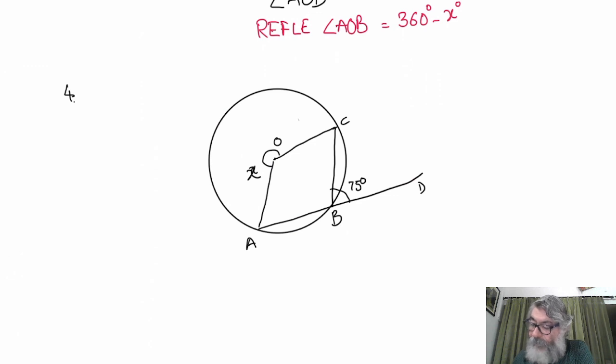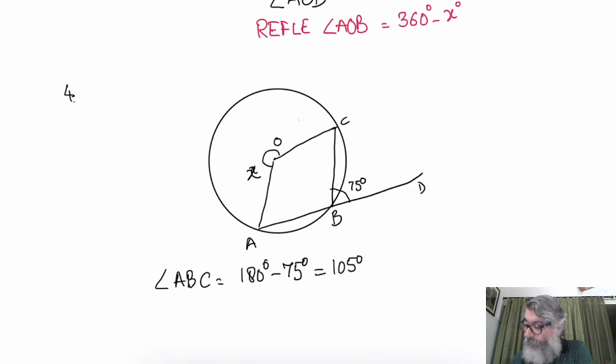How to calculate angle ABC? 180 minus 75 degrees, 105 degrees. Why is it 105 degrees? Why have I subtracted it out of 180?